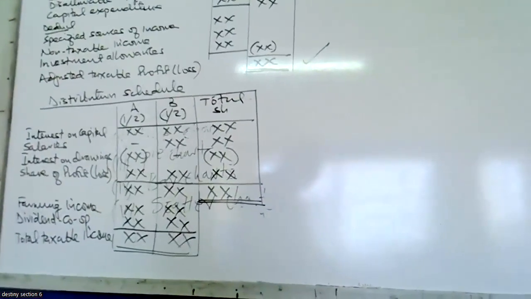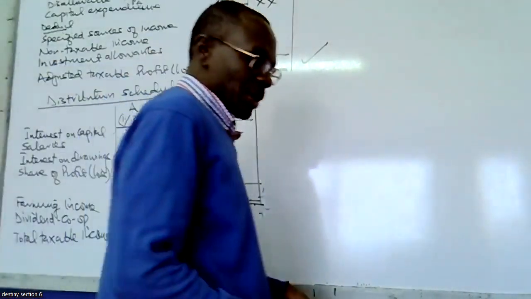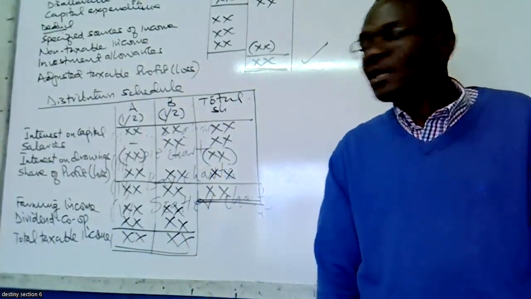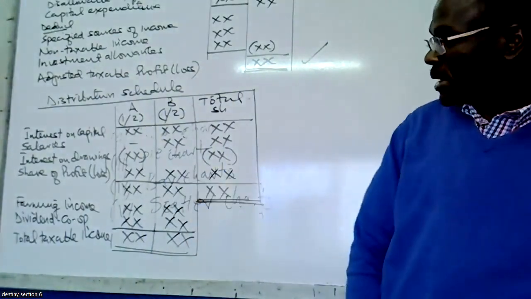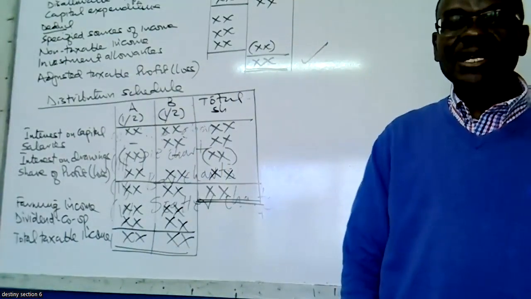We said that's how you prepare the two statements. So your examiner, in his requirement, will require that you prepare a statement of adjusted profit or loss, then you distribute that to the partners for the simple reason that the business is not a legal entity.